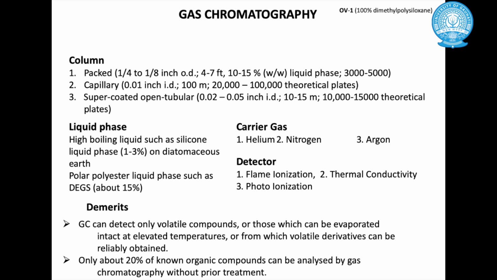However, if we don't have authentic reference standards, we can use some special detectors, which can help us in identifying the nature of the compound eluting from the column. One such detector is mass spectrometer.